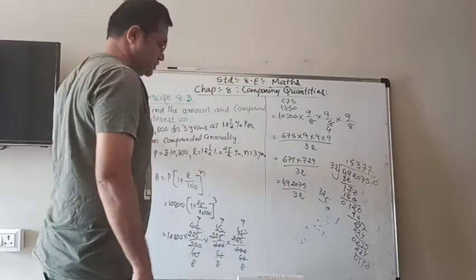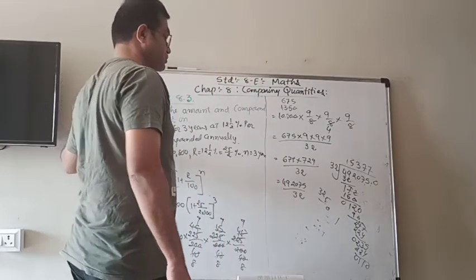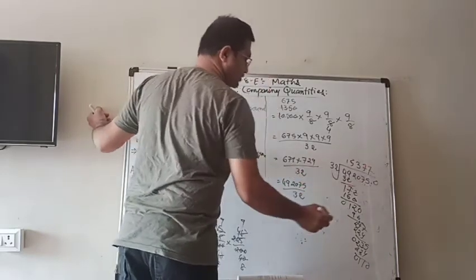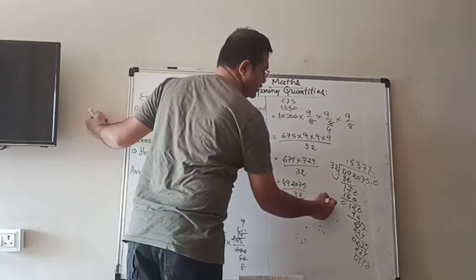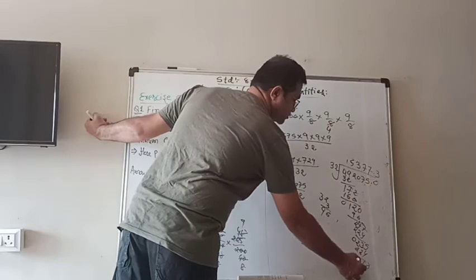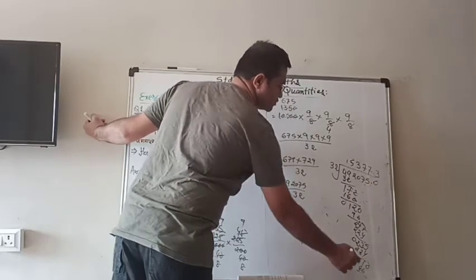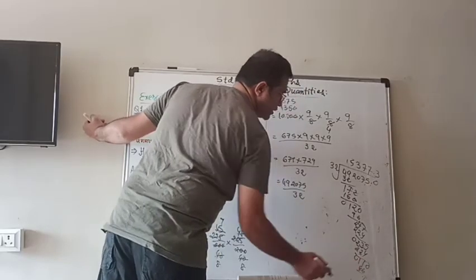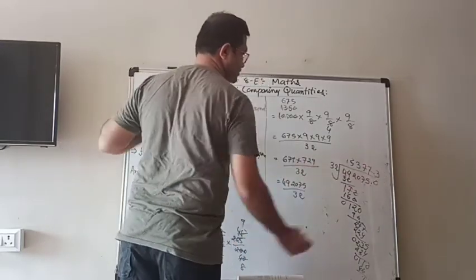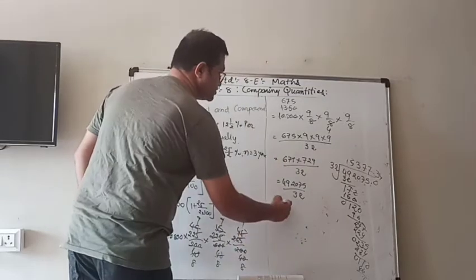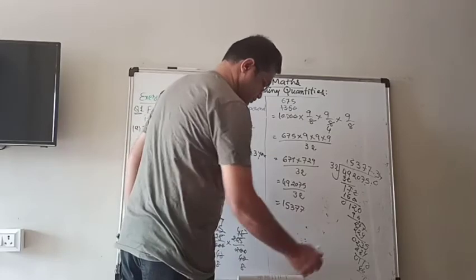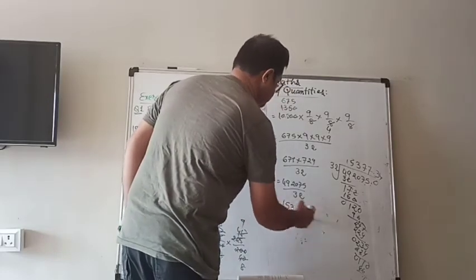So now 15377. Now point. 32 threes are 96. So the answer is 15377.34. That is the amount.